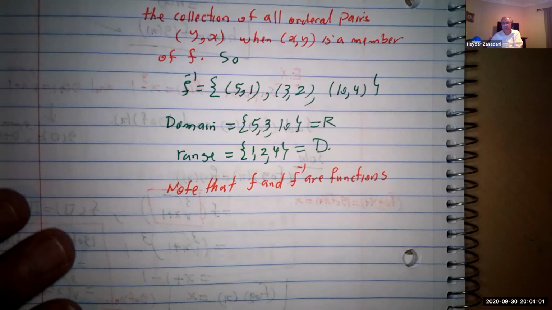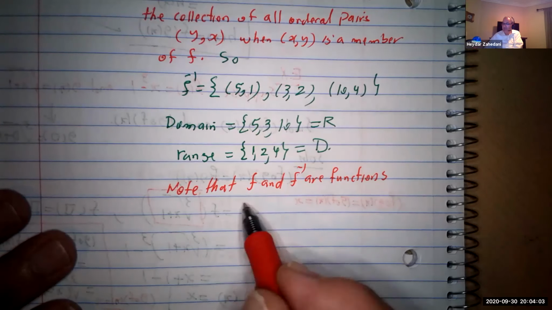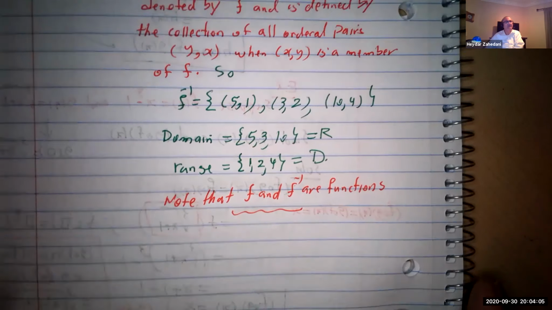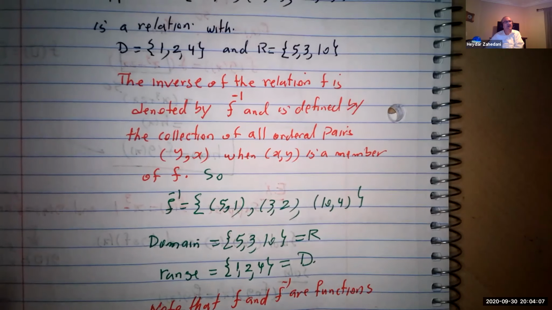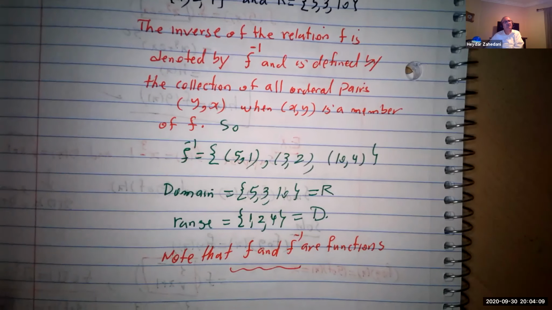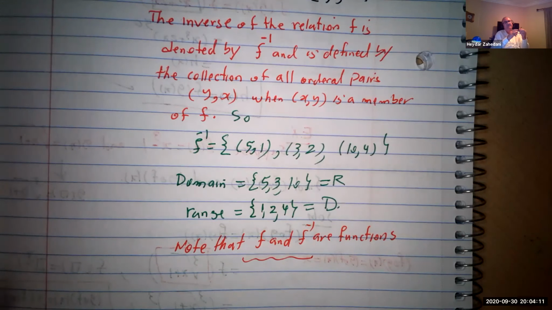Okay, but we are going to define it for you officially. So what's going to be the official definition of the inverse of a function? The function would be given by the equation y equals f of x. So y is a function of x. If you can solve for x, you switch the x and the y.